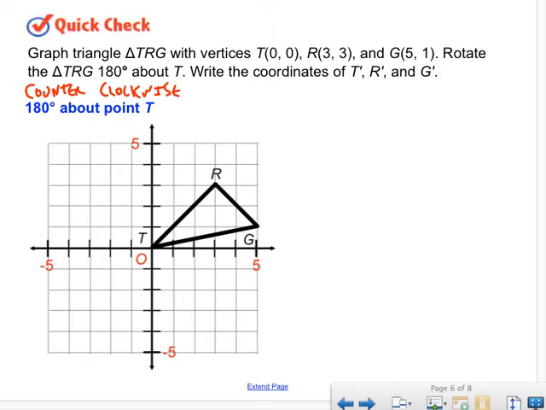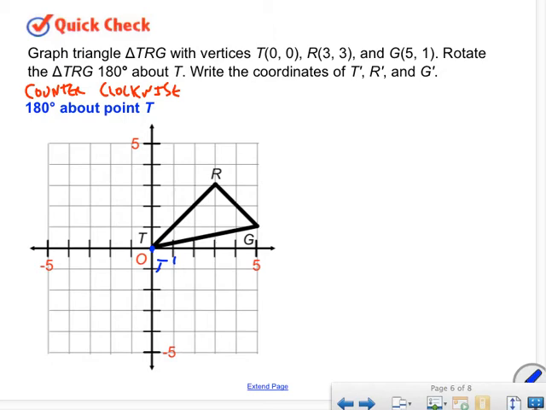Jonathan, can you tell me where my new T is going to be? It's going to stay the same. So my new T primed, going to stay right there, 0, 0. What about my R? What's my new R going to be? Do you know where that is? Can you tell me which quadrant it is? Quadrant 3, you're correct.